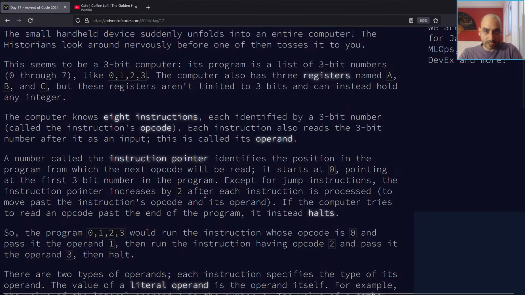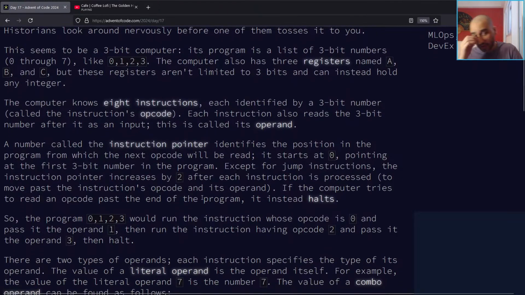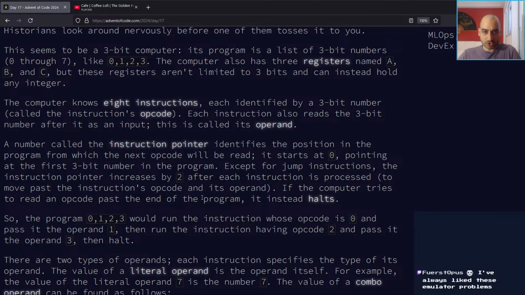Each is identified by a 3-bit number called the instruction's opcode. Each instruction also reads the 3-bit number after it as an input. This is called its operand. A number called the instruction pointer identifies the position in the program from which the next opcode will be read. It starts at 0, pointing at the first 3-bit number in the program. Except for jump instructions, the instruction pointer increases by 2 after each instruction is processed.